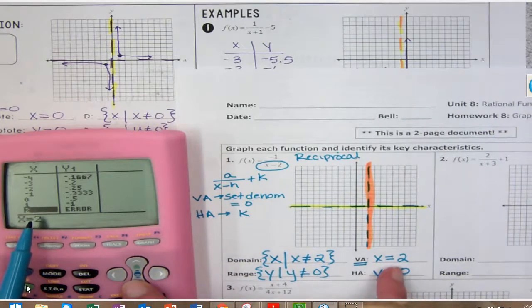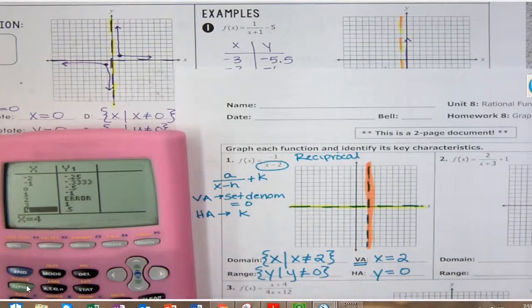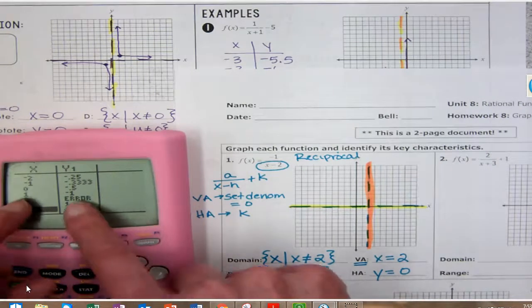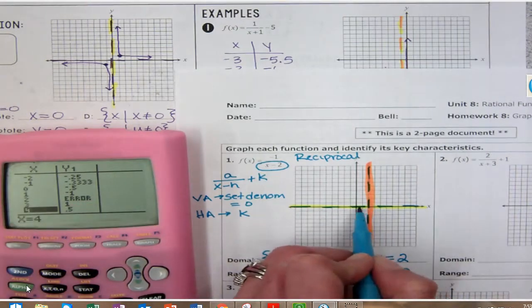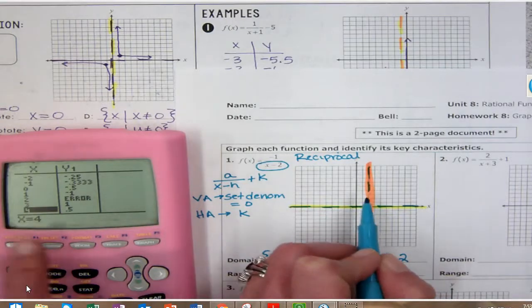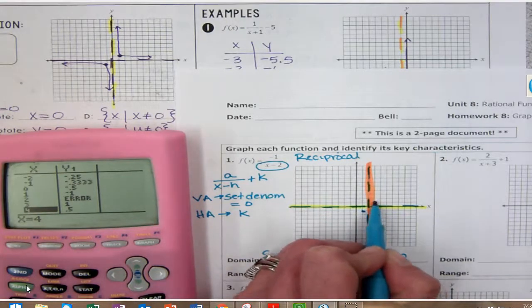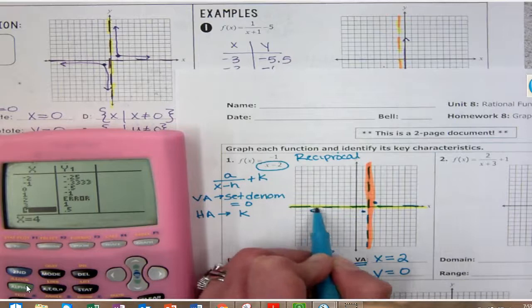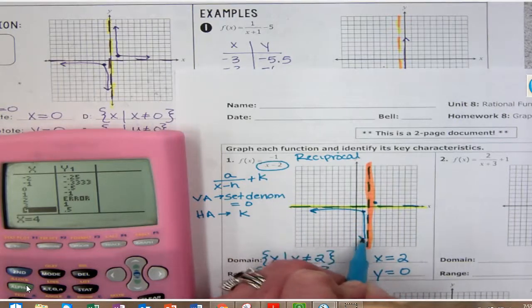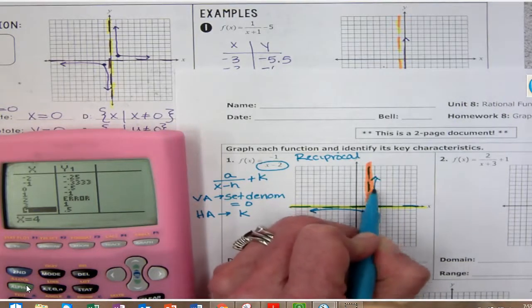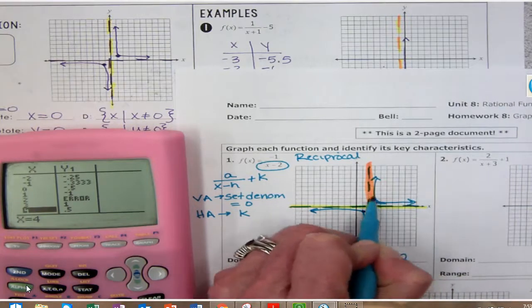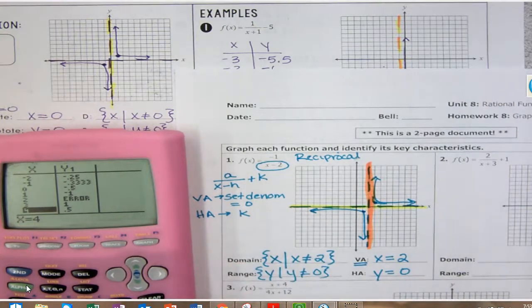I should get error there. That means I'm getting it correct. Okay, so I'm going to plot a couple points: 1, -1, and 3, 1. Then I can pretty much gauge my graph. And that is how you graph that.